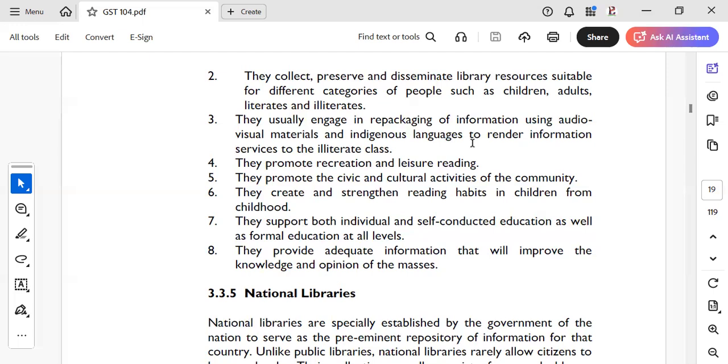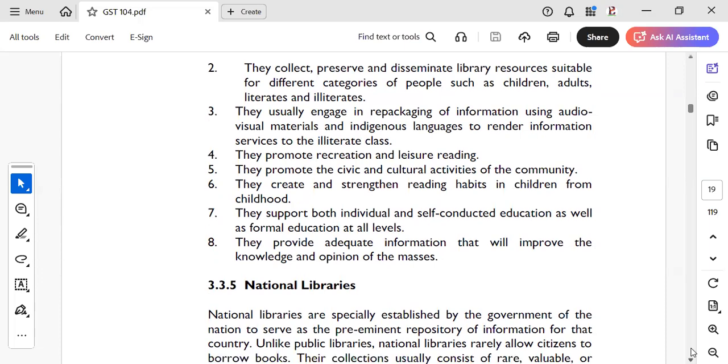If the library is located in the Igbo side, they have to write that information in the Igbo tongue. So people that are illiterate too can gain from the information. That is one of the works the public library is saddled with.